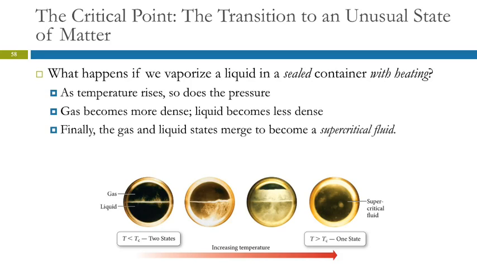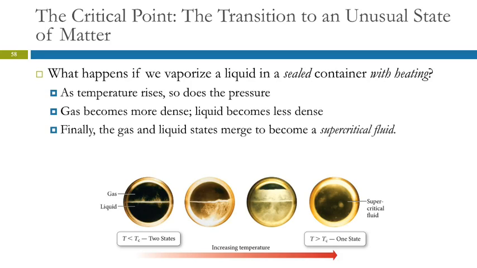If we continue heating, the gas becomes more dense. The liquid becomes less dense, because that's what happens to most liquids as they're heated. And at some point, the gas and the liquid states merge into one state. And that's called a supercritical fluid.